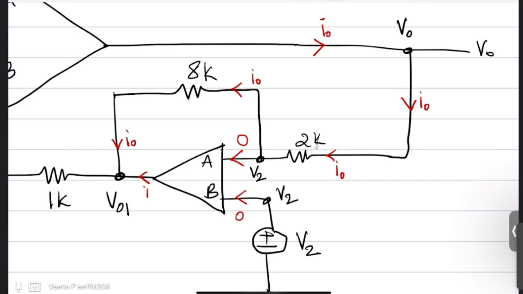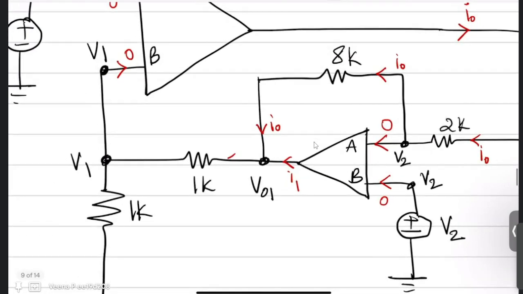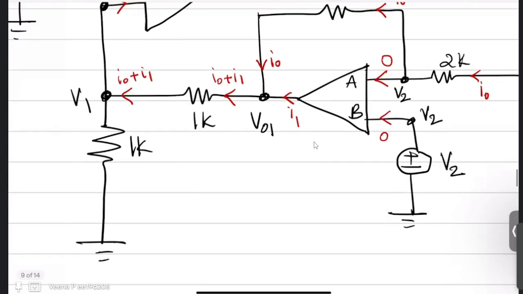Let it be I1. If that is I1, then here I0 plus I1 will flow, Kirchhoff's current law. Now this I0 plus I1 will enter here, and you know that no current flows to the input of the op-amp, so this whole I0 plus I1 will flow through this.